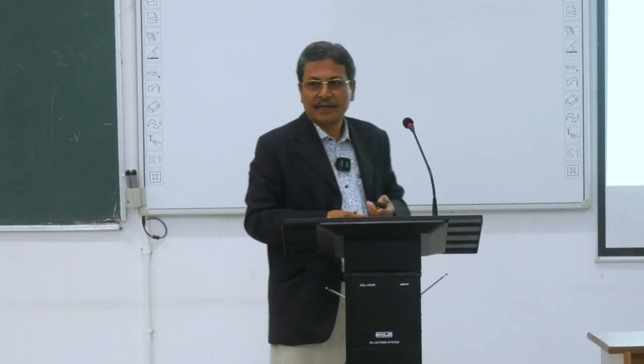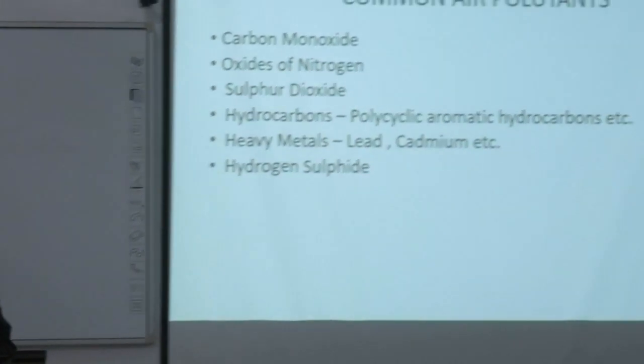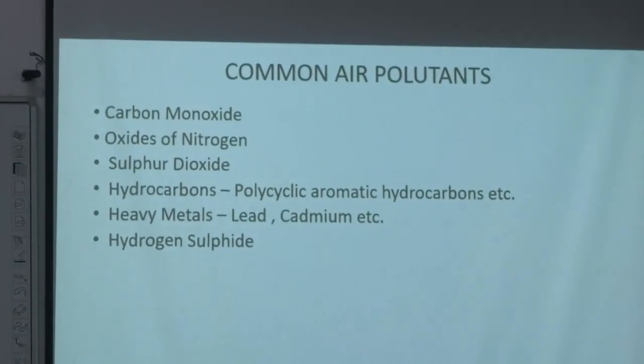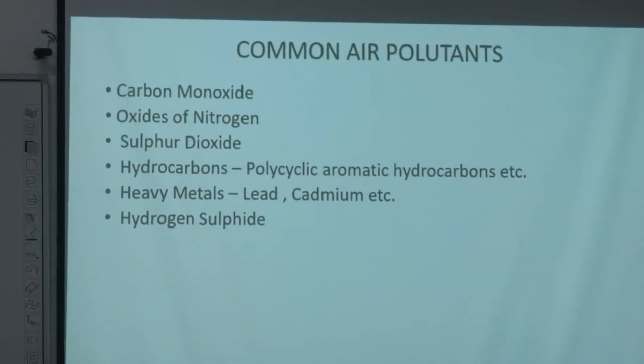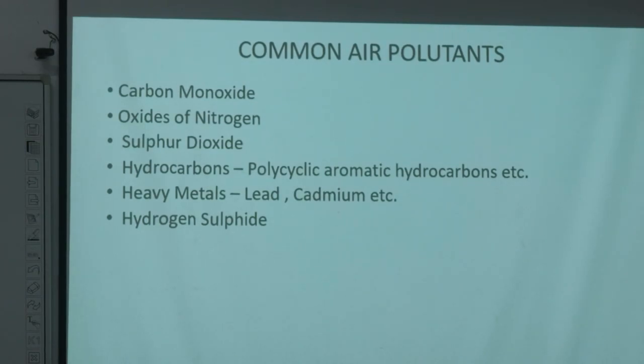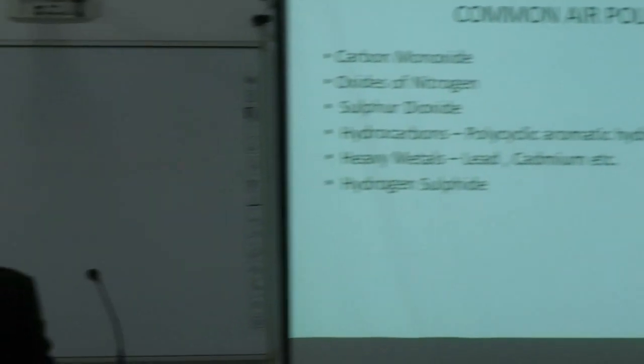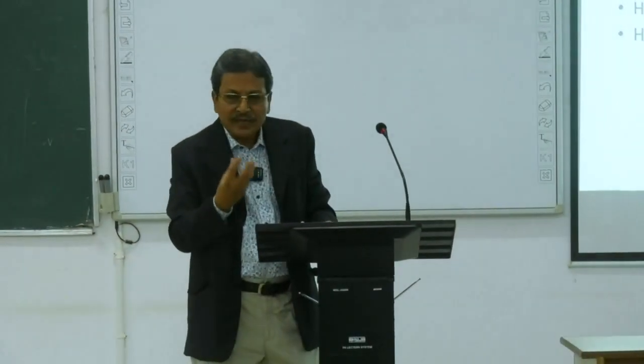Hydrogen sulfide. In newspapers you can see, especially in Calcutta or metropolitan areas, some of the poor people enter the underground drains. And when they enter the underground drains, some of them die. Underground drains have thick walls, other water cannot pollute them. These are big, big drains made during British times. So there hydrogen sulfide is produced.